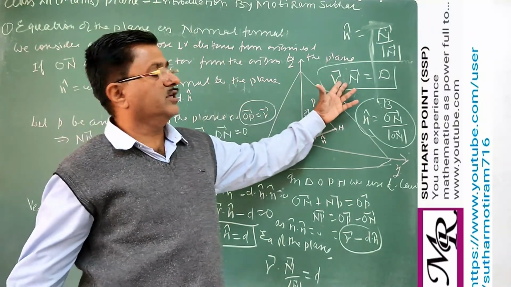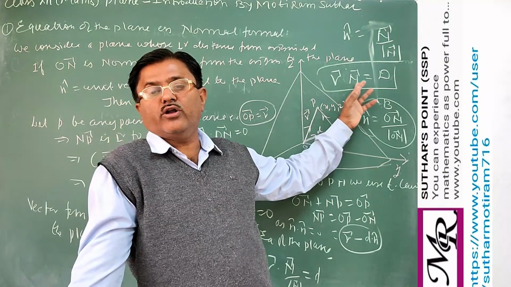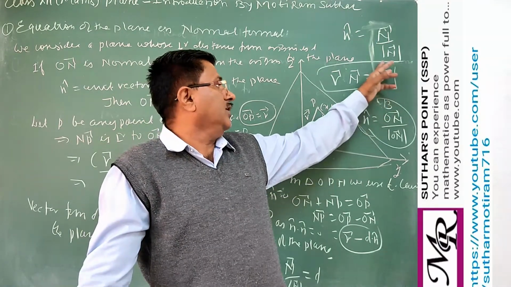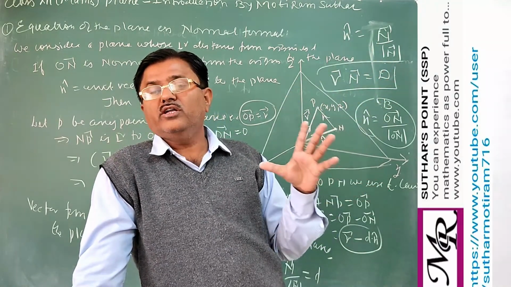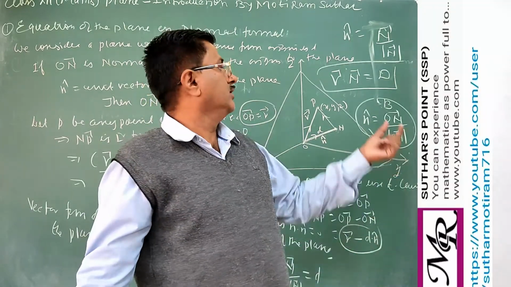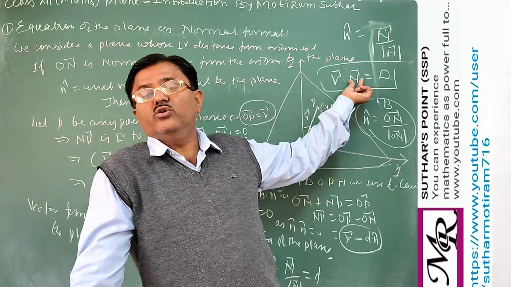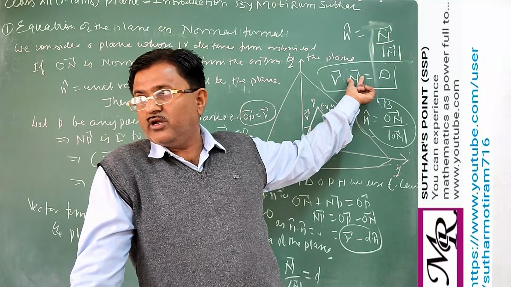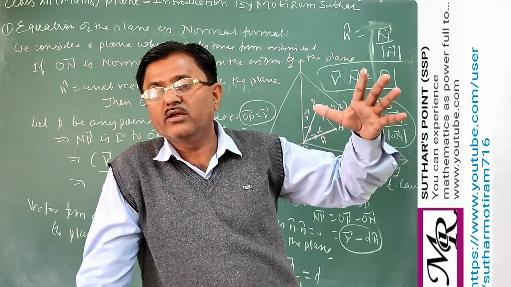If you find this equation, vector r dot n equal to capital D, here capital D is not the distance from the origin. Secondly, this is not a unit vector. This is a simple normal vector perpendicular to the plane.